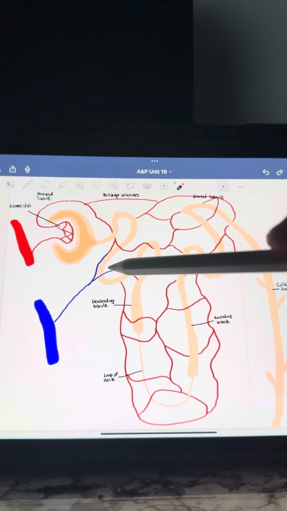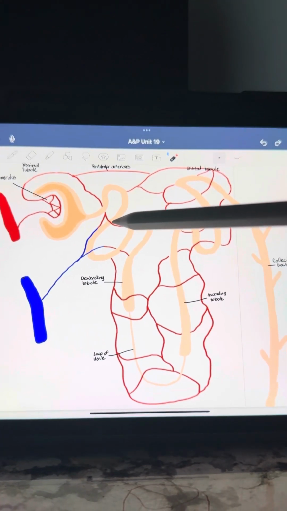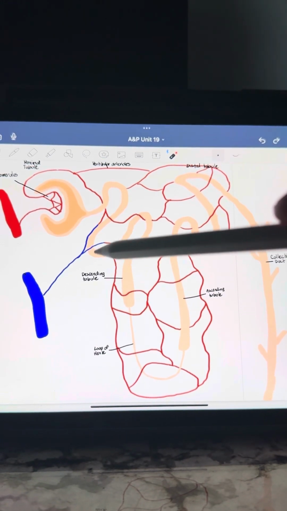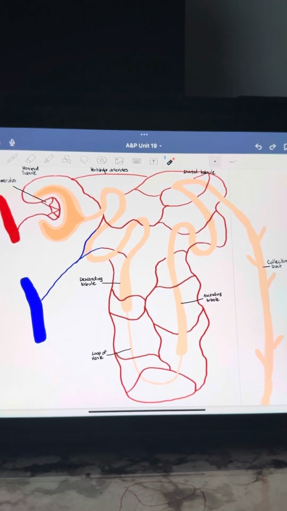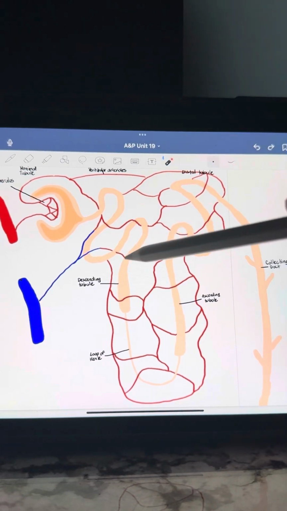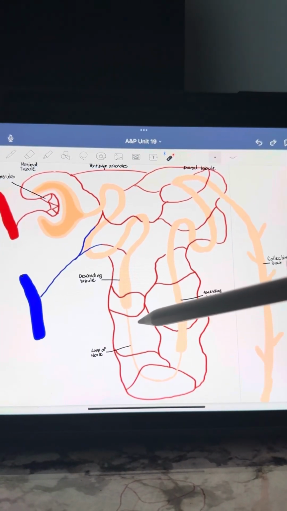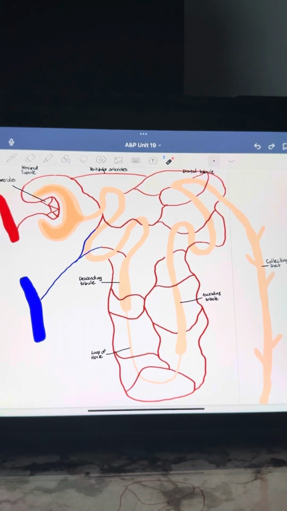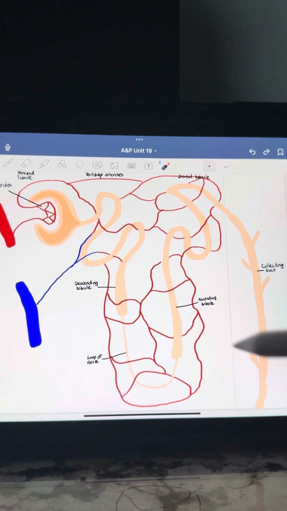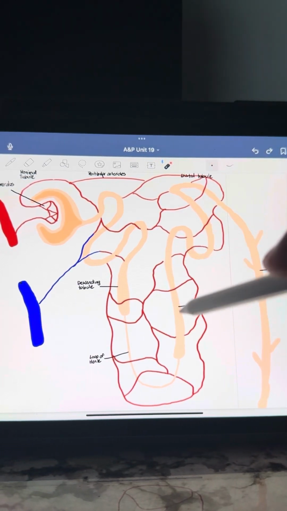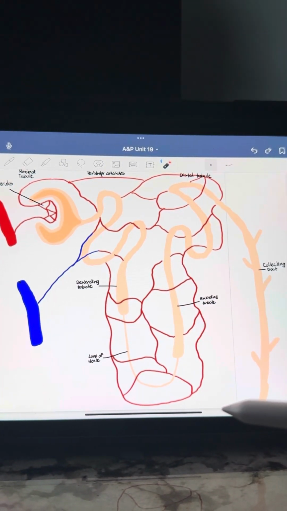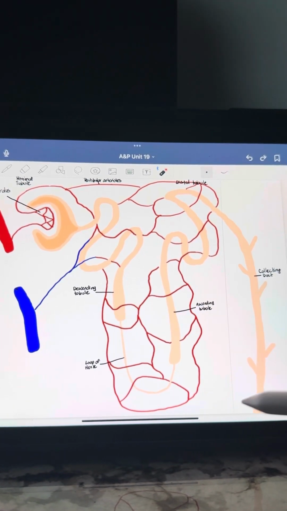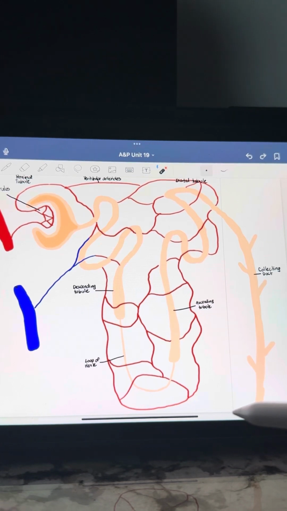Again, because the descending loop of the nephron is permeable to water, the surrounding interstitial fluid has a higher solute concentration. The interstitial space is just right outside here. Cells in the ascending nephron, which is right here, transport solutes into the interstitial space, but it's not permeable to water.